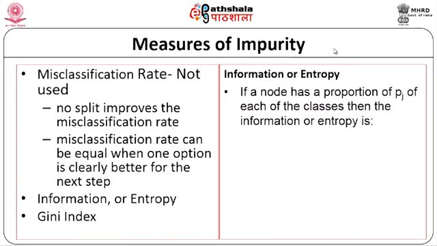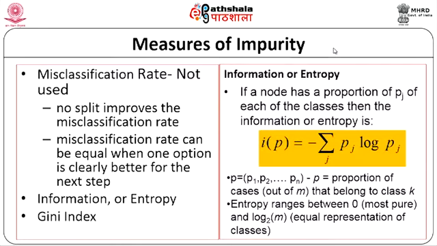If a node has a proportion P j of each of the classes, then the information entropy is given as I of P j equal to the summation of P j log P j, where P1, P2 to Pn, and P is the proportion of cases out of M that belong to class K. Entropy ranges between 0, most pure, and log 2 M, equal representation of classes. That is the range that we have.